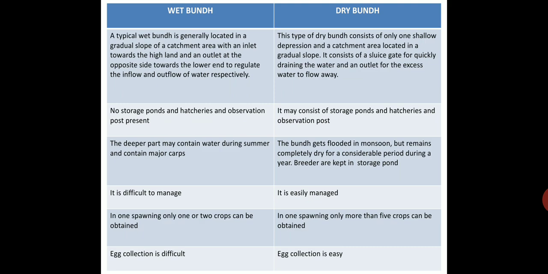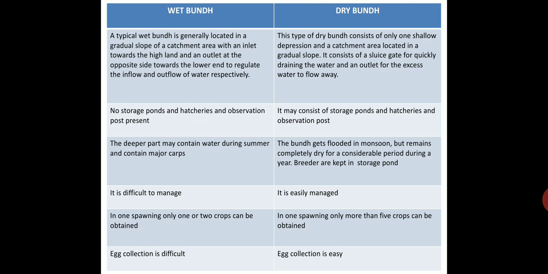So a wet bund consists of an inlet for the incoming of water and an outlet for the outflow of water. That will be regulated by the inlet and the outlet.